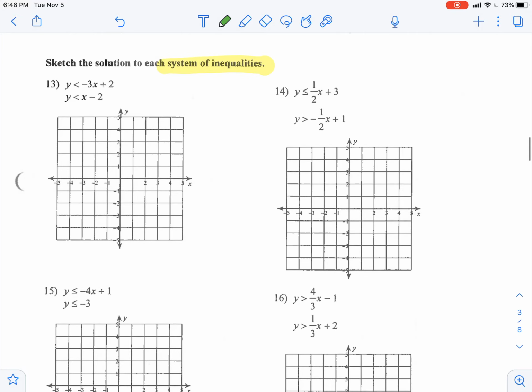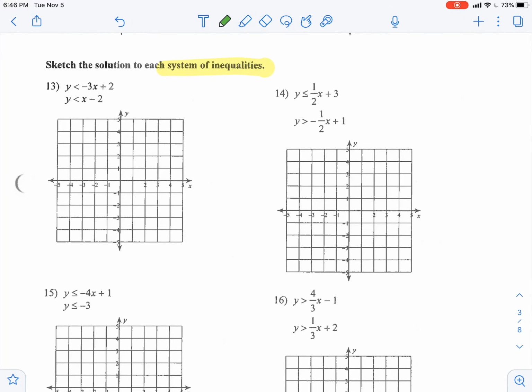If we're just graphing on a number line, and we have something like x is greater than 3, then we would place an open circle at 3, my arrow going to the right.